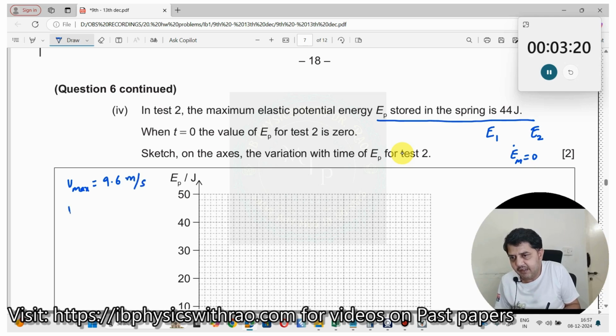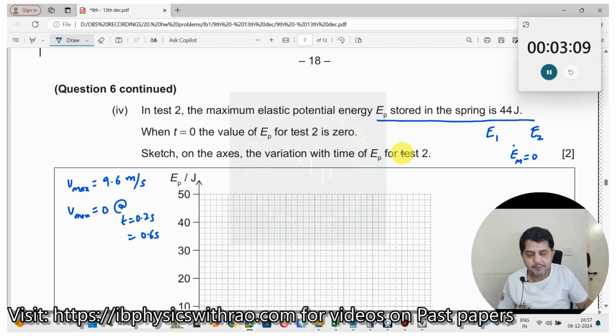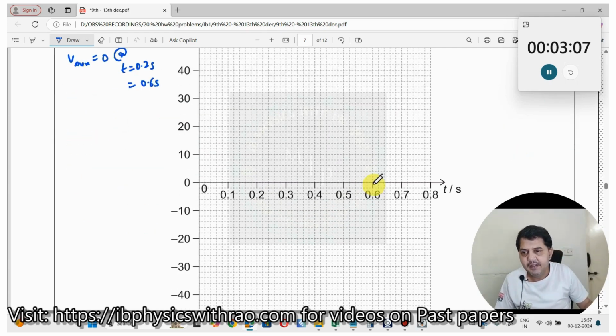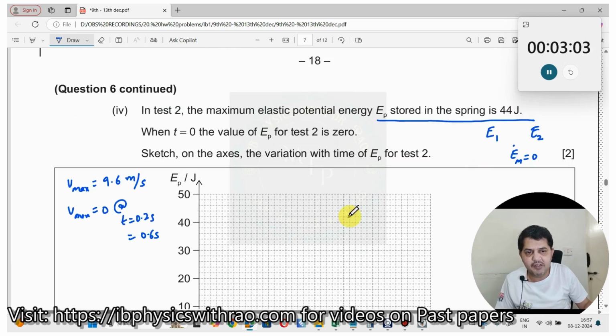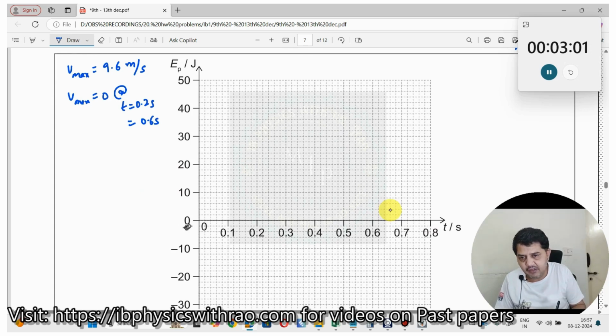And then we have Vmin is equal to 0 at t equal to 0.2 seconds and t equal to 0.6 seconds. Now at t equal to 0 seconds, he already says potential energy is 0. We already put this point.